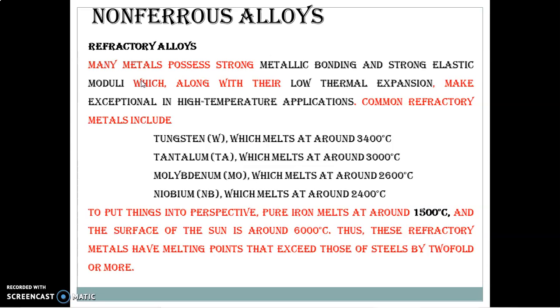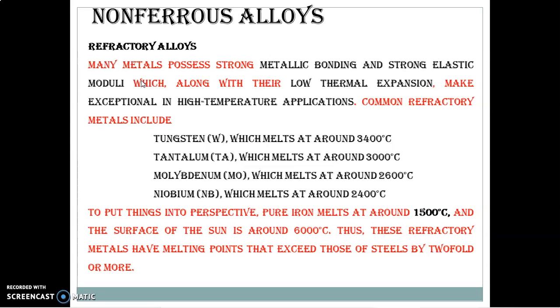If we take the example of tungsten, it melts at around 3400 degrees centigrade. One can understand this temperature, because we already say that at the sun there is around 6000 degrees centigrade temperature, and tungsten melts at around 3400 degrees centigrade.